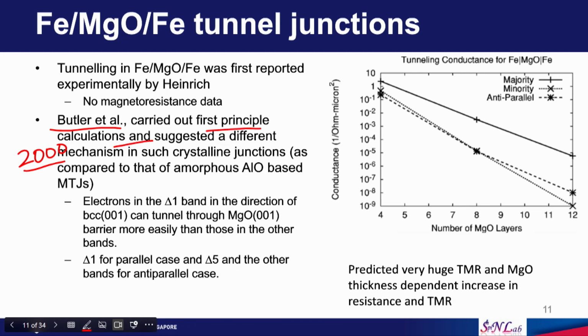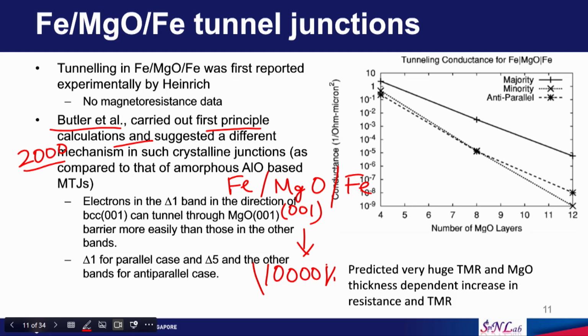He proposed that instead of using aluminum oxide, if you make a magnetic tunnel junction based on something like iron, magnesium oxide, iron in a particular crystal structure like 001, you can achieve very large TMR. I think according to this model, the TMR can be like 10,000% or even larger. So this is one example where theory comes first, experiment comes later.